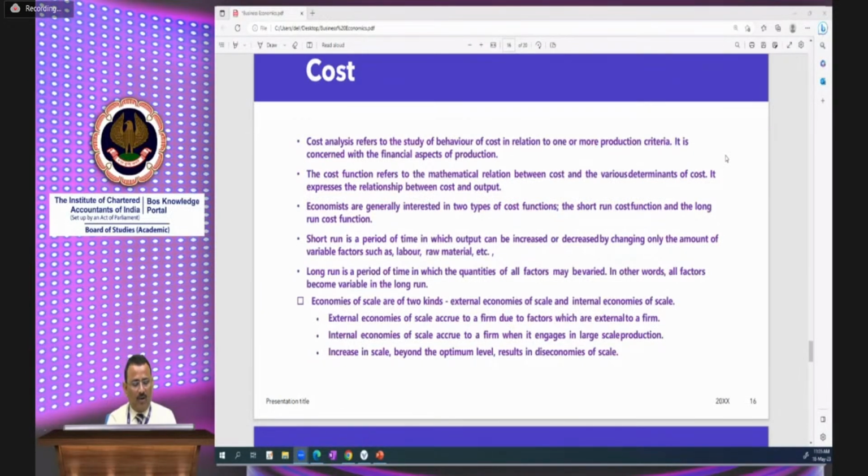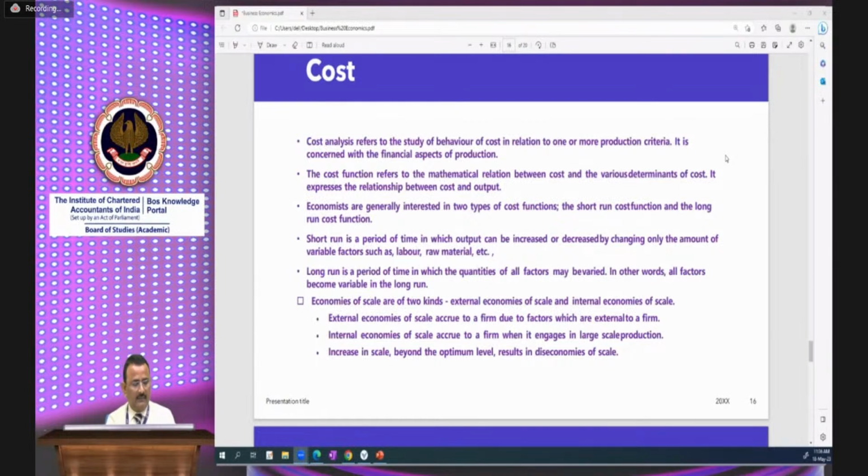Generally, cost and output are plotted. So the shape of the cost curve is very important in determining the output. Remember the shape of the cost curve and how the cost curve is derived. Then there is the distinction between long-run and short-run cost curves.